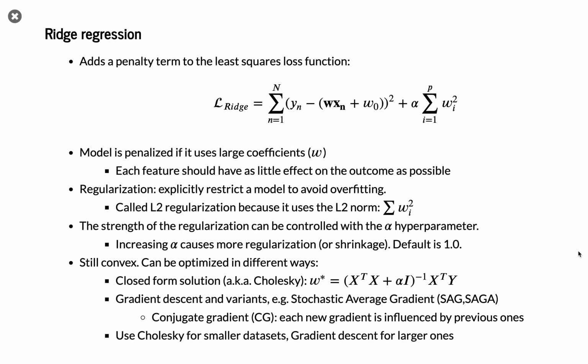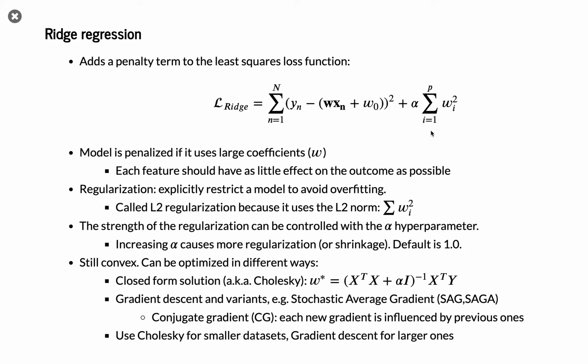One way to solve this overfitting is to change the loss function to require that the weights be small. We can do that by adding a component. This is our original least squares loss.